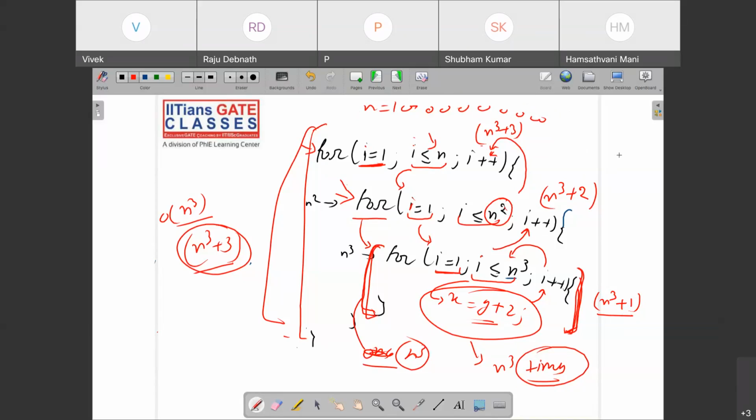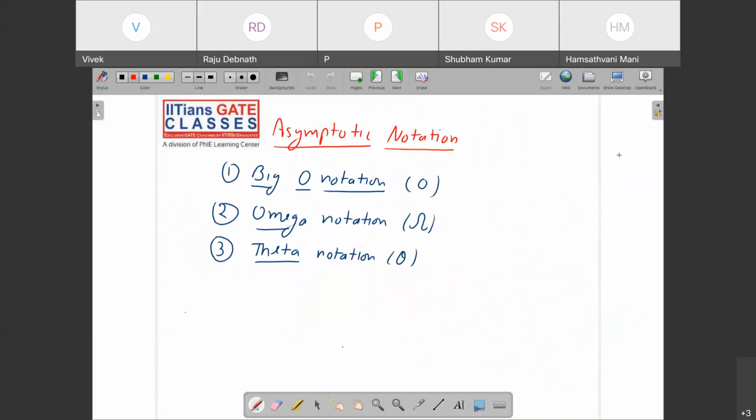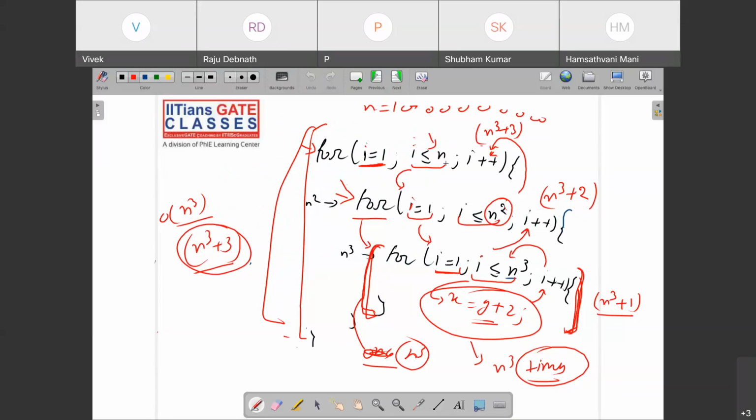This is the last question for today. In the next lecture, we are going to cover asymptotic notations. So unmute yourself and give me some feedback so that I can improve myself also.